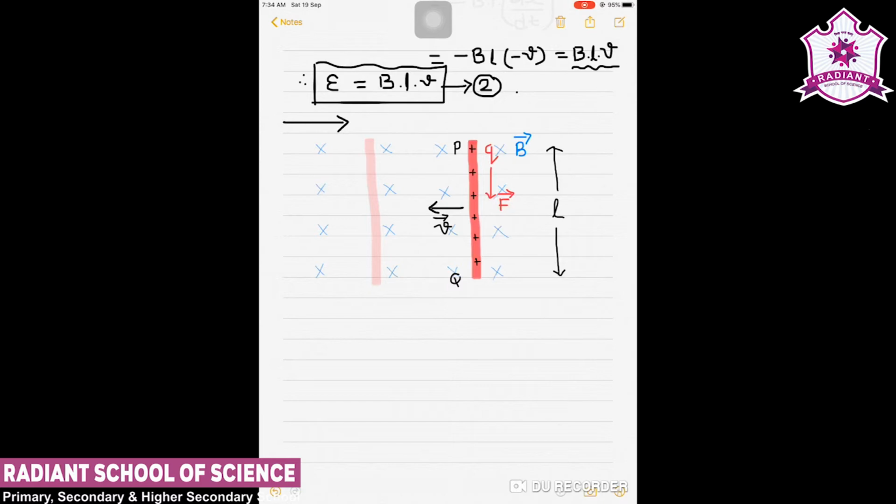That force is given by the formula we know, F is equal to Q into V cross B.